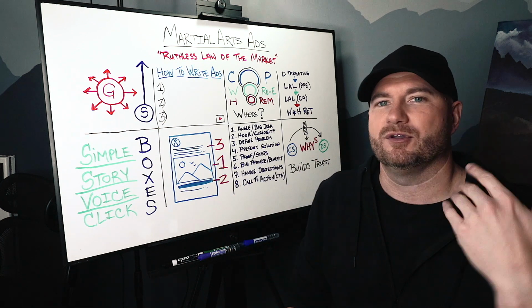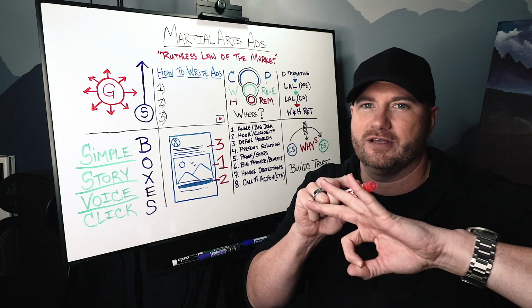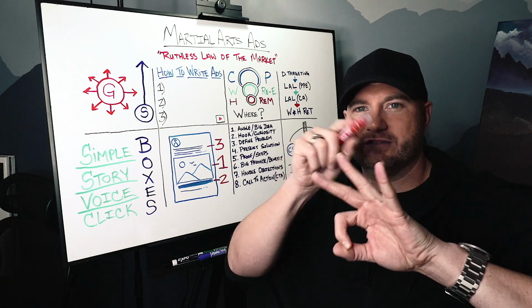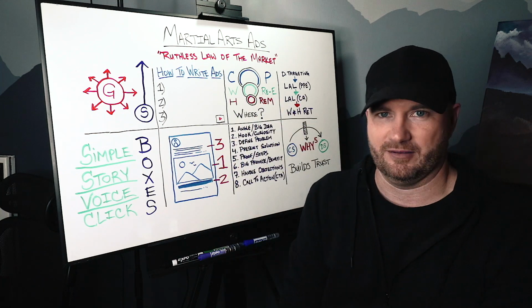What we're trying to do in the marketplace is get a trifecta of three things working together: our offer, our message, and our audience. When you get those three things connecting together perfectly, it's game over.